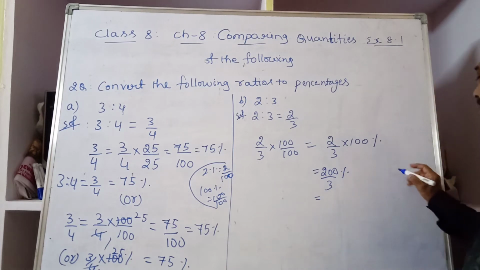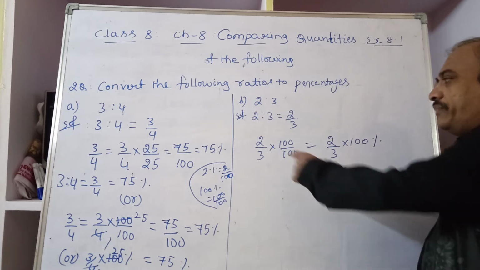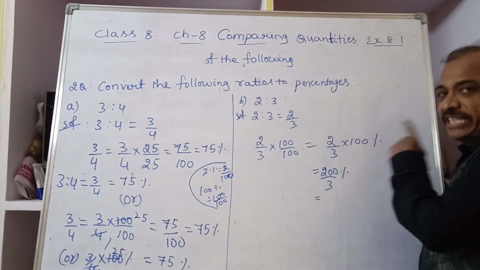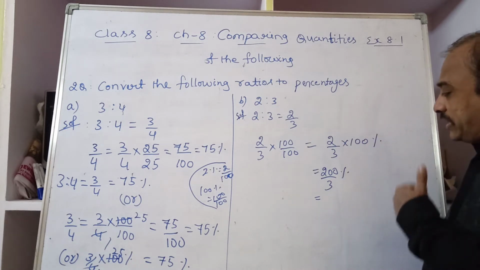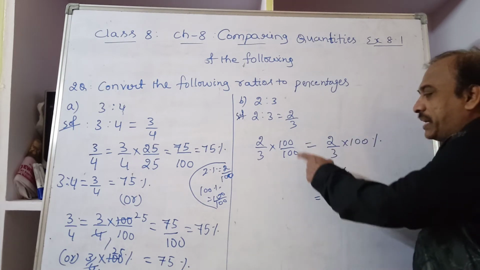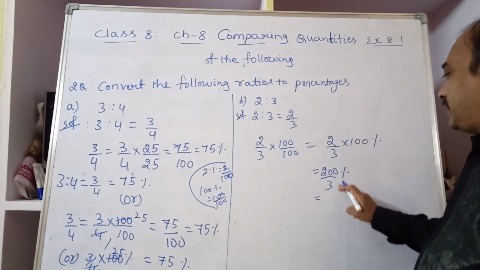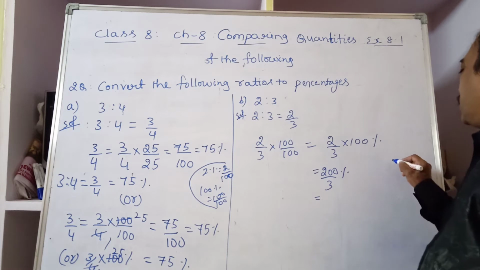Convert this into a mixed number. Even if you multiply 2 into 100 and 3 into 100, you get 200 by 300, and again you have to simplify. So either you can convert into decimal, or 100 by 100 you write as 100%. So 200 by 3%, which is nothing but, convert into decimal.